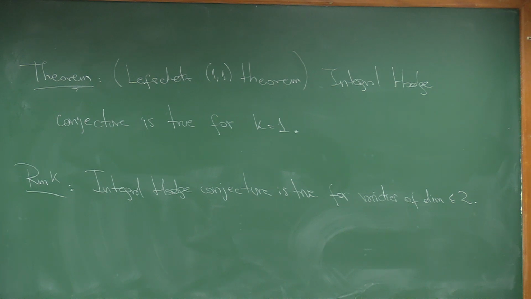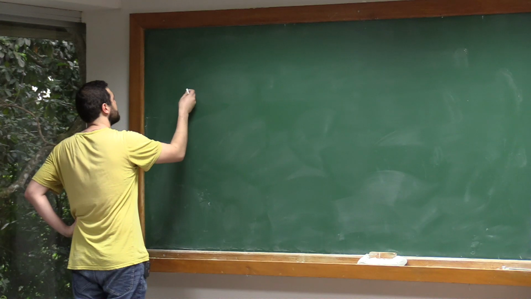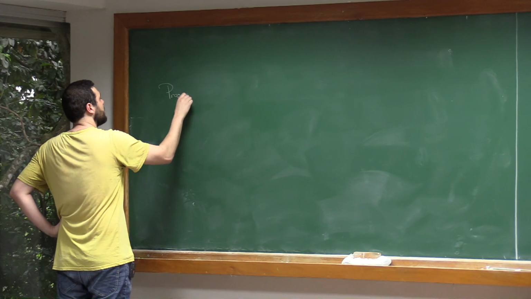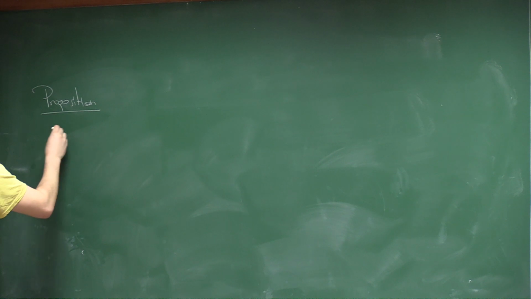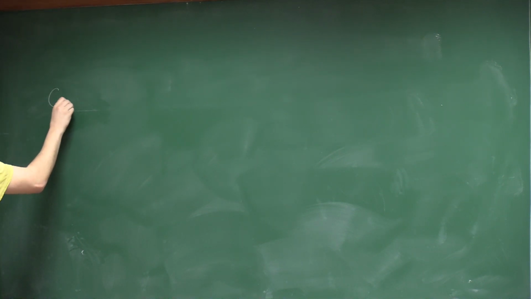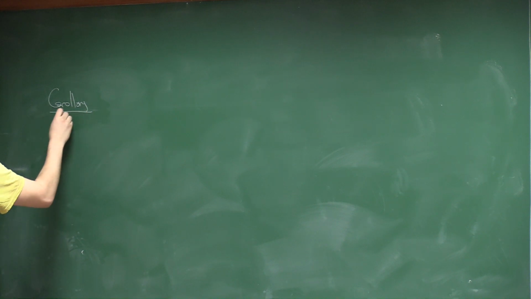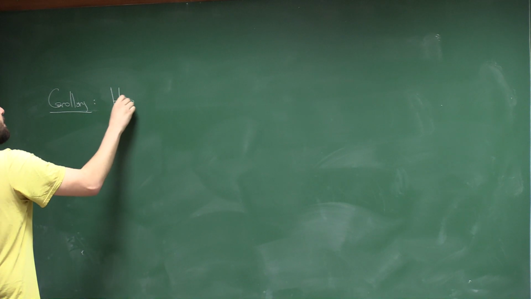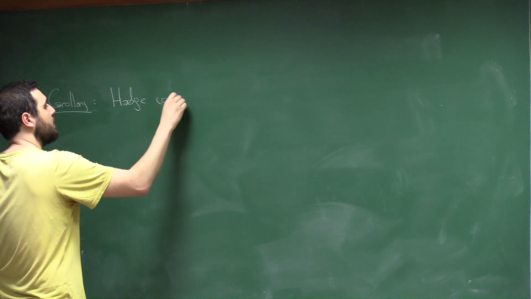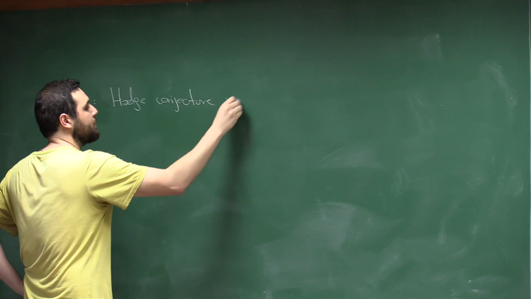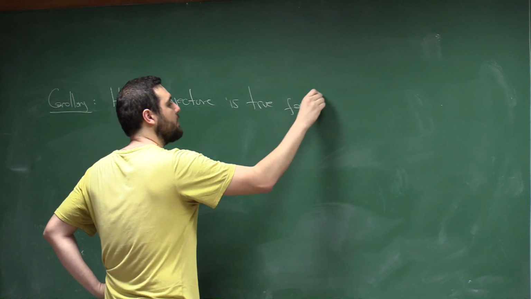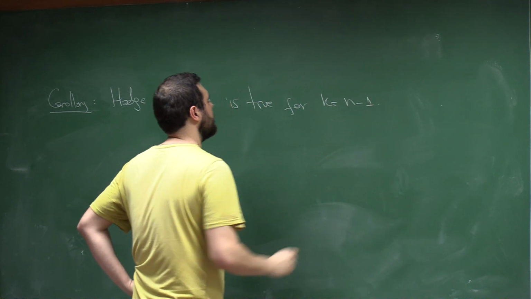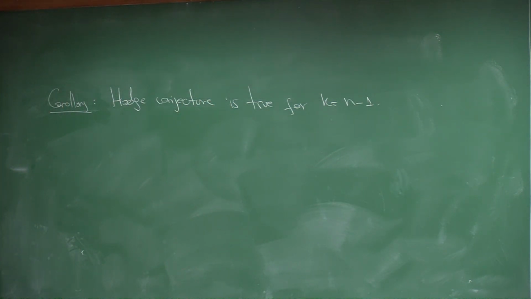Okay, so we have here a corollary, a small proposition. A corollary of the Lefschetz 1-1 theorem is that the Hodge conjecture is true for k equal to n minus 1, right?